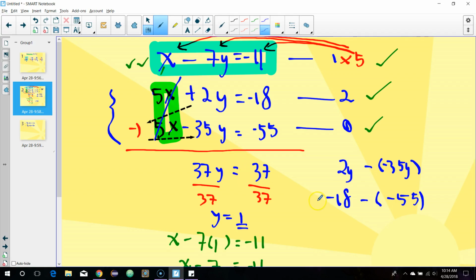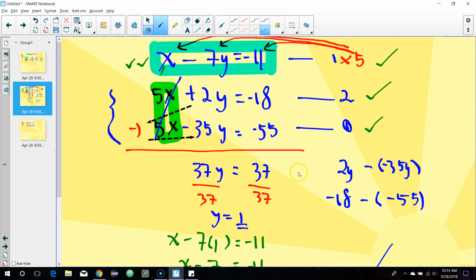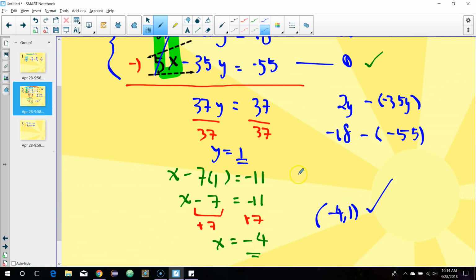Negative 4, 1. There you go. Correct. Some of you are still just using decimals and giving me the answer. I need to see steps. If, let's say, we're doing the final exam, and they say use whichever method to do this, I would like to see all of this. Until I see any of this, I'm not going to give you the marks for it.